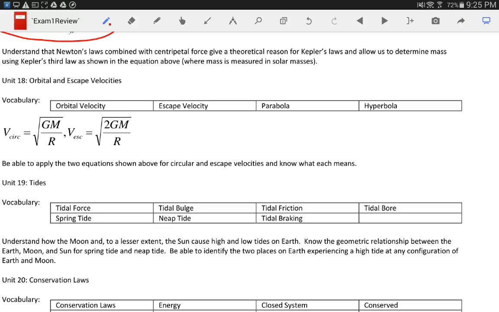So if we're talking about the moon orbiting the Earth, this M would be the mass of the Earth. If we're talking about the Earth orbiting the sun, it'd be the mass of the sun. Divided by r, which is the separation between the two objects. So you have a different escape velocity or circular velocity depending on how far away and what mass you're orbiting.